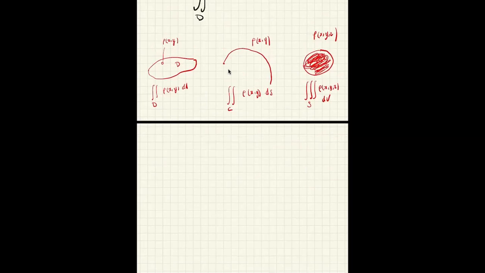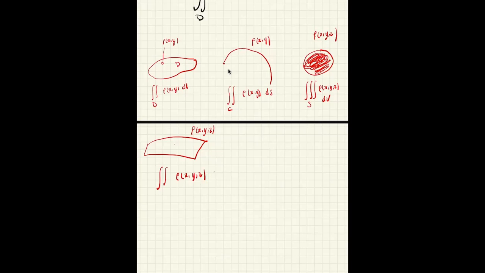Well, the last one, I think, for this class will be, I give you a sphere, I give you a surface, and I give you a density function rho(x,y,z), and I tell you what is the mass of this shell. Now you need a surface integral. You will need the integral of rho(x,y,z), but evaluated at the surface.